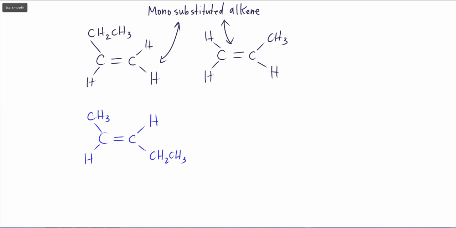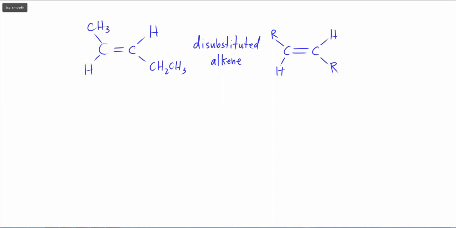This is an example of a disubstituted alkene. Okay, so that disubstitution can occur like that. So you would have, just say, an R group like this, like that. That would be representative of that.